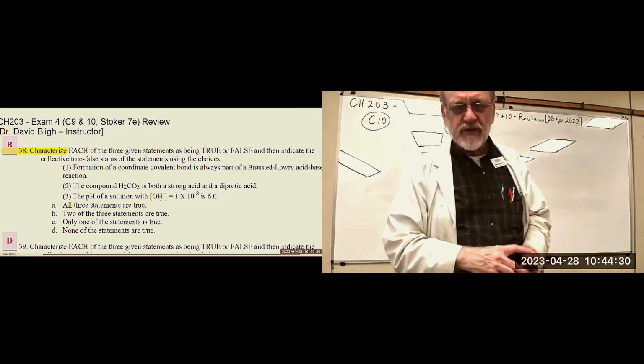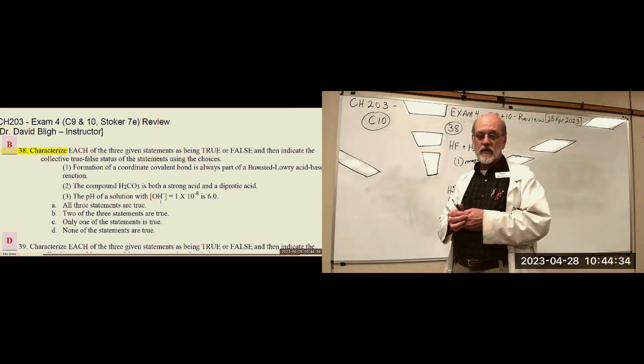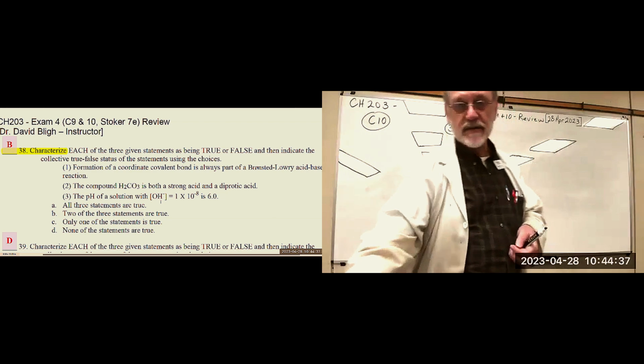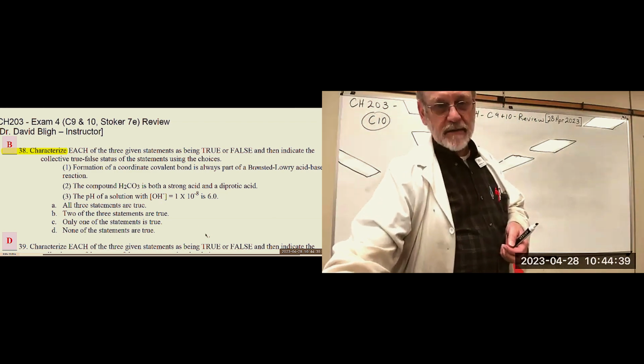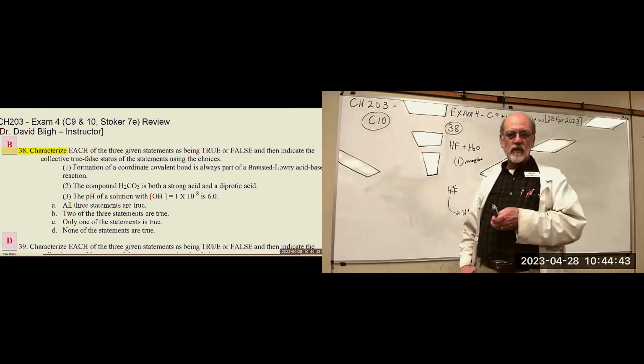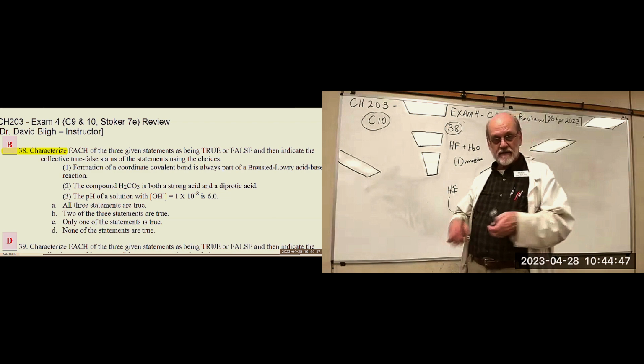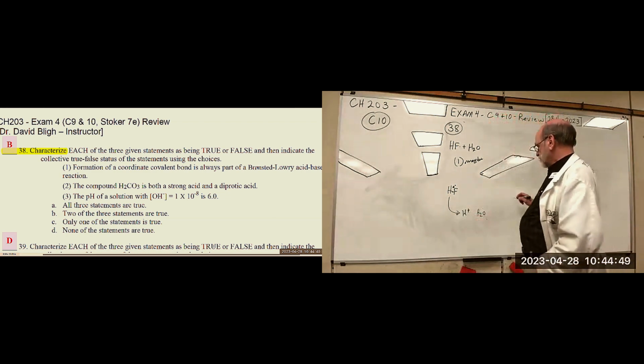2, the compound H2CO3 is both a strong acid and a diprotic acid. No, it's not a strong acid. It's a weak acid. And 3, the pH of a solution with OH minus equal to 1 times 10 to the minus 8 is a 6. Right?